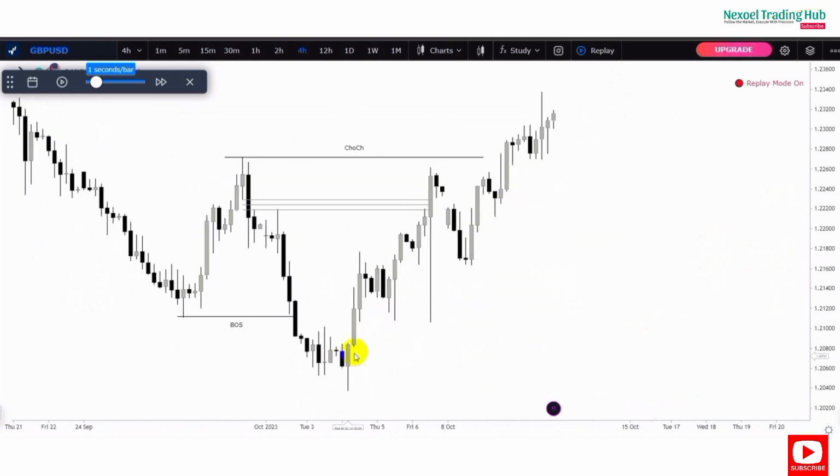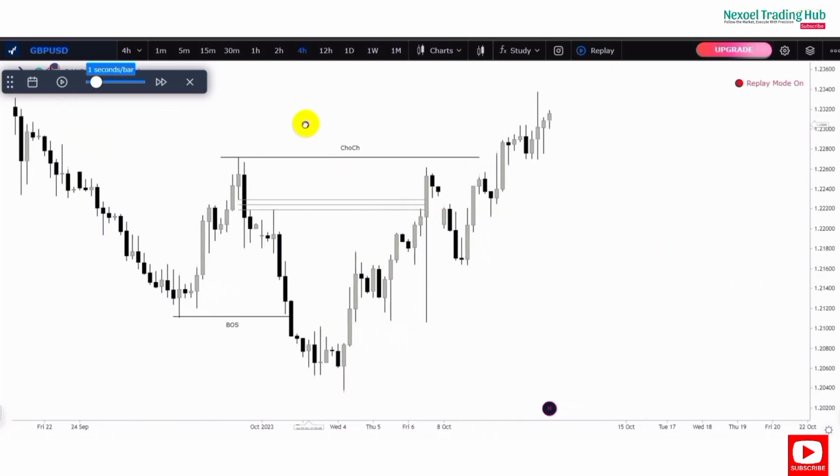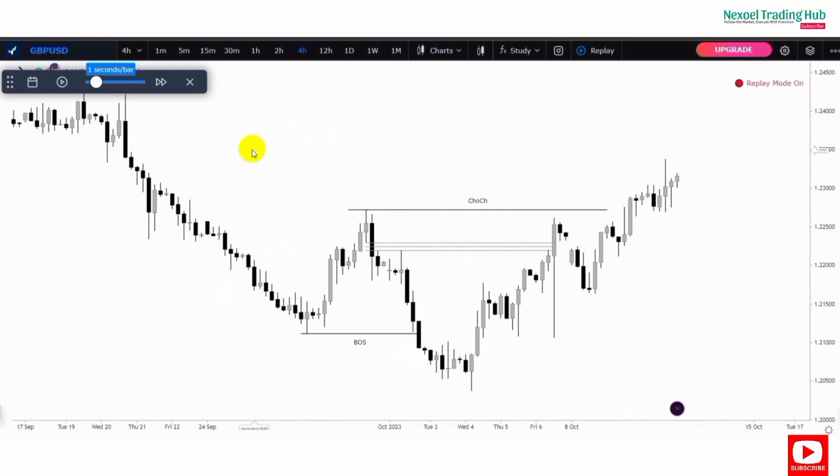But we can see that price went to the upside and then violated the order block. And then this order block is now our bullish breaker block. So what we are going to be expecting to trade from is the breaker block.